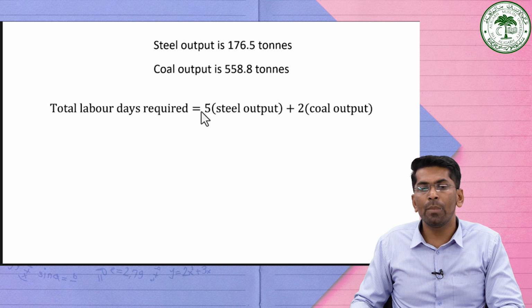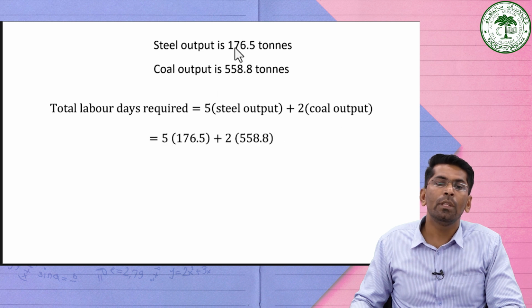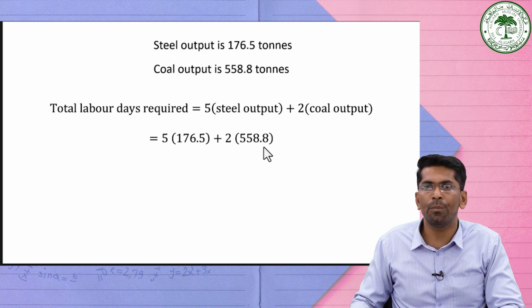So the total labor days is equal to 5 into the output of the steel industry plus 2 into the output of the coal industry. Here, 5 into the output of the steel industry, which is 176.5, plus 2 into the output of the coal industry, which is 558.8.